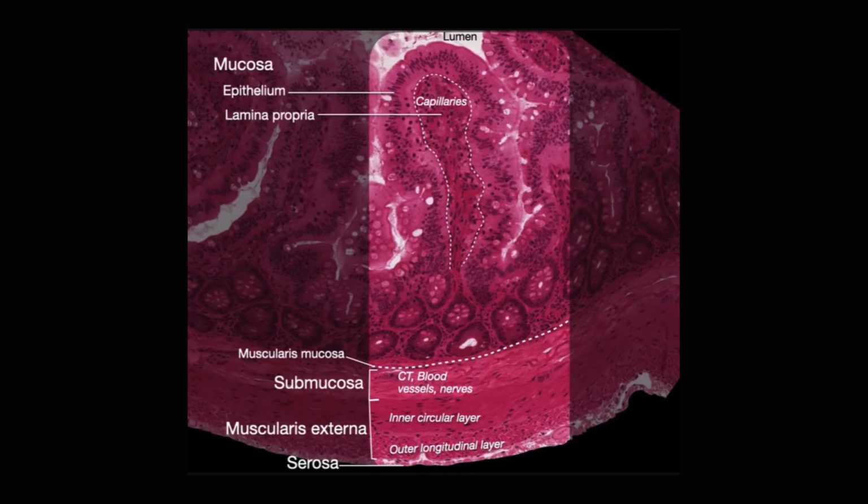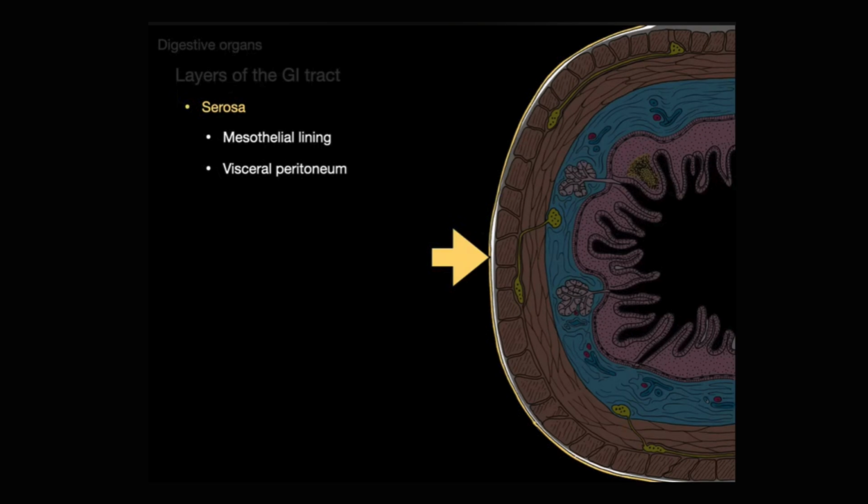Now, this is actually the last part. This is called the serosa. The serosa is a visceral peritoneum, a serous membrane that covers the outer layer of the GI tract.